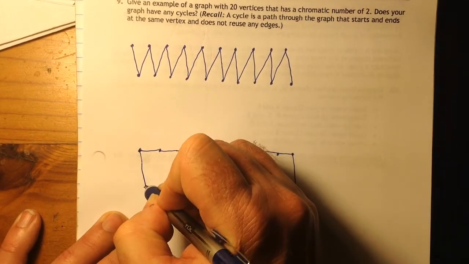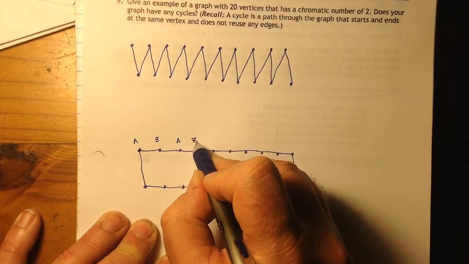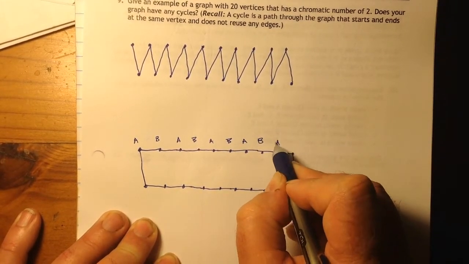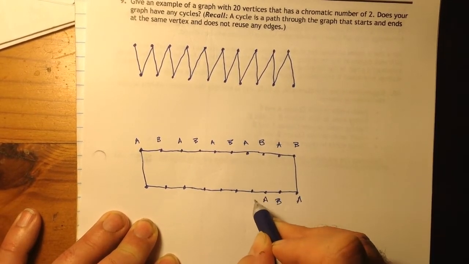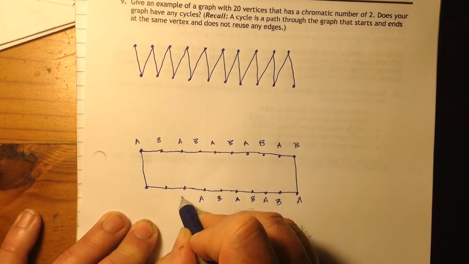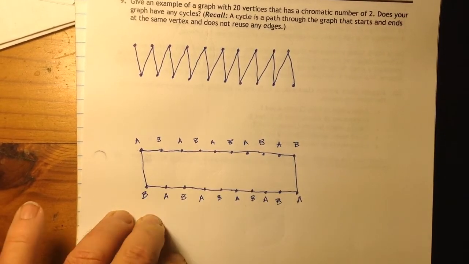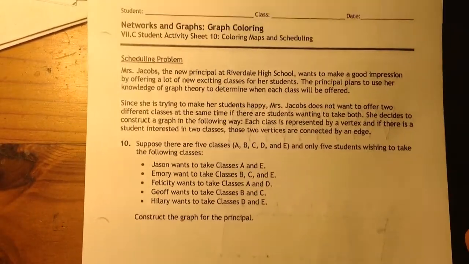And then I could connect this, and so I could just alternate A, B, A, B, A, B, etc. all the way around. And notice B back to A again. All right, so here's how we're going to use this.